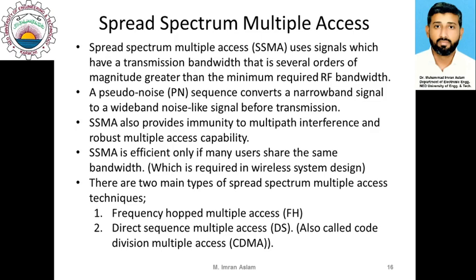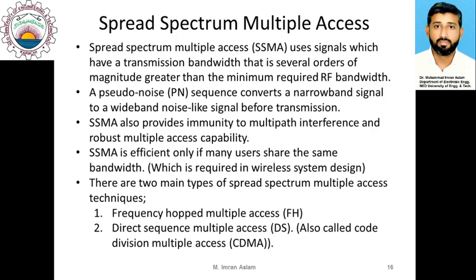For wireless system design, we focus on techniques which allow us to combine multiple users over a limited amount of spectrum. So this is in accordance with the needs of wireless system design, and we use spread spectrum multiple access so that we can transmit signals from many different users over the same bandwidth.